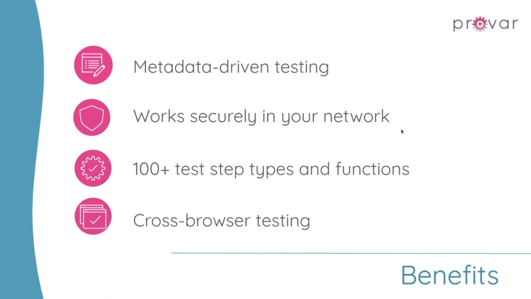Cross-browser testing gets covered, whether it's on a Windows machine, a Mac, a Linux machine, Chrome, Safari, IE, Edge, you name it, it's covered, mobile variants included. So you've got a wide range of options when it comes to that.